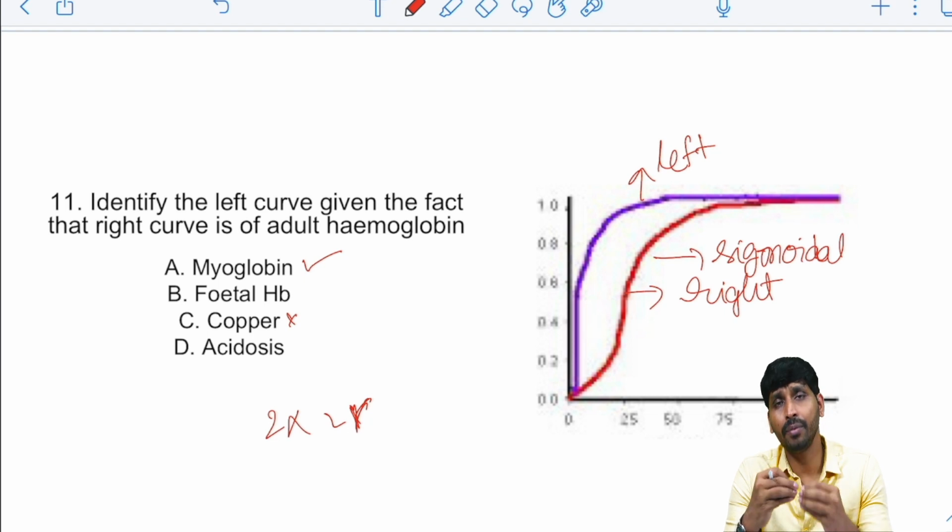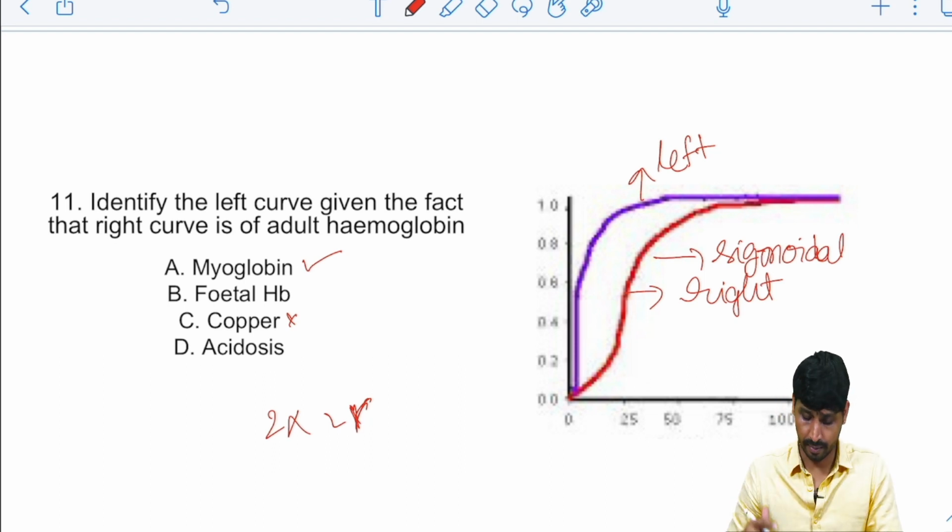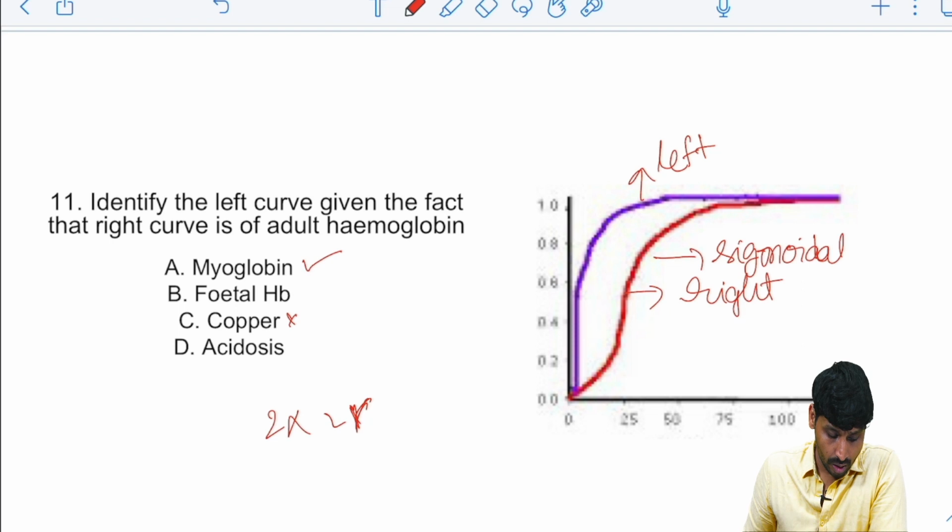So 2,3-BPG doesn't have any role here, and the affinity for oxygen increases in the case of fetal hemoglobin.